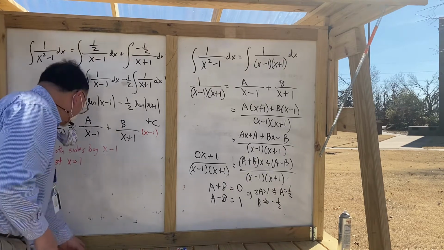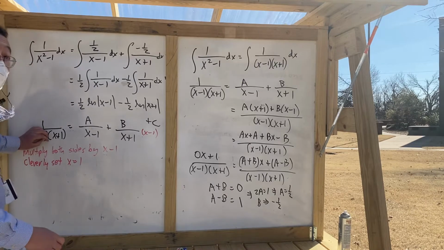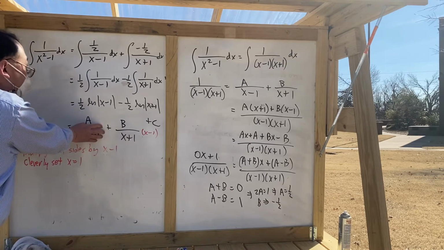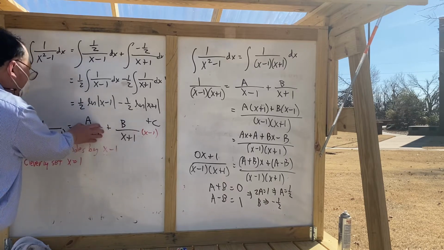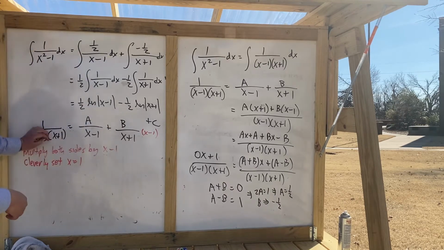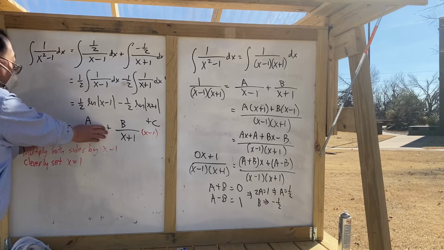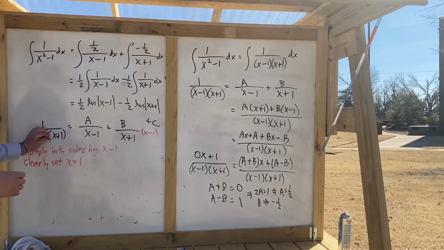When I set x equal to 1, this goes away because this is 0. I end up with a, and when I put in 1 for x on the left-hand side, what do I get? 1 over 2, right.